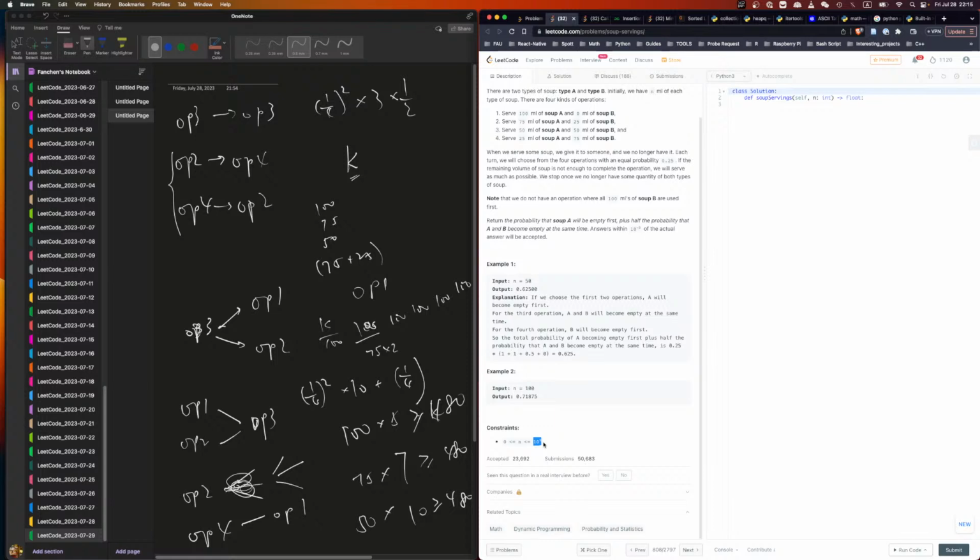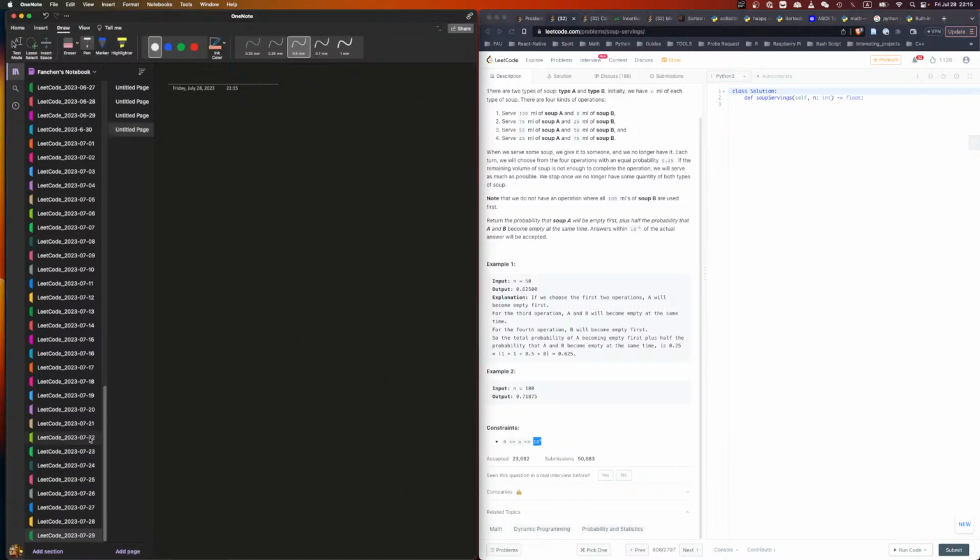Well, in my mind, if we want to do DP, I would say DP of A and B gives me the probability. Because that's what we want to find, DP of N. This is the answer. So to find DP of N, we need to find DP of N minus 100 and the probability of that, and we do that to get a 4, right?